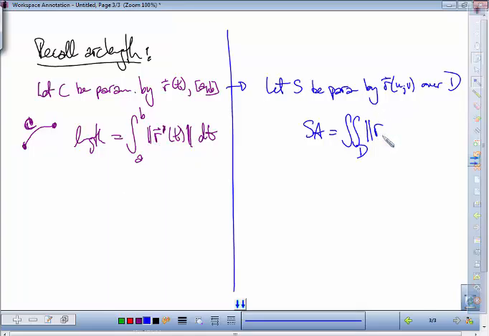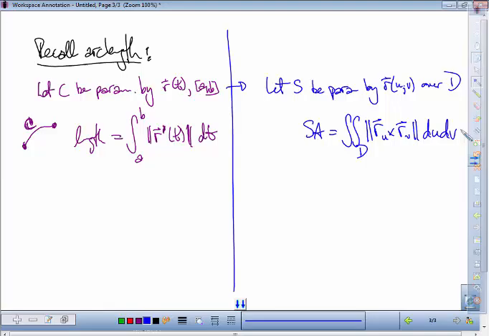So this is R sub u cross R sub v du dv. All right?